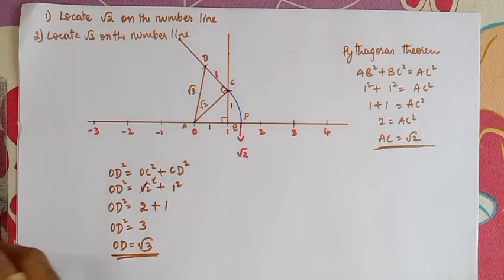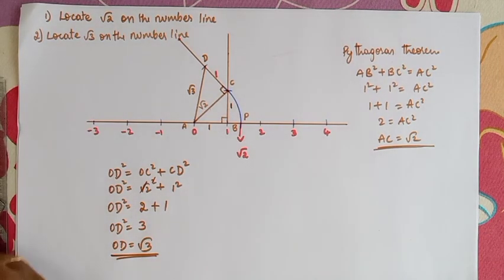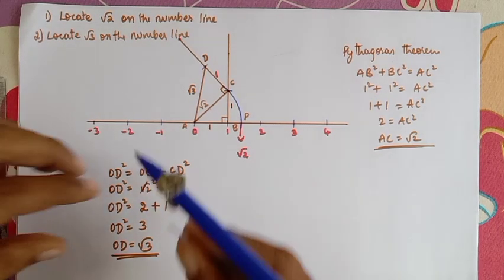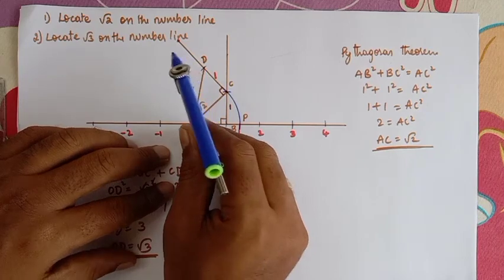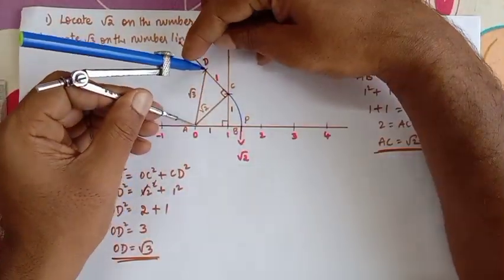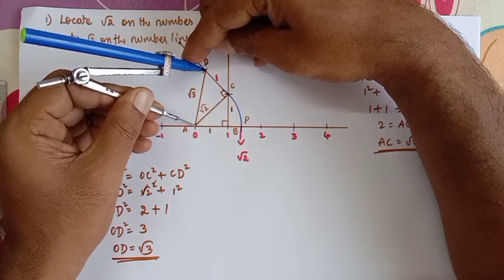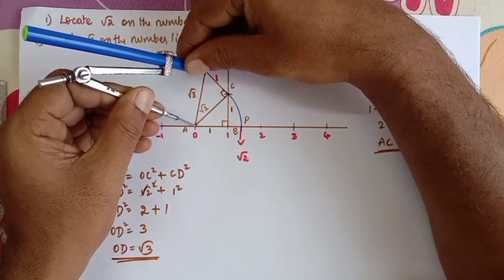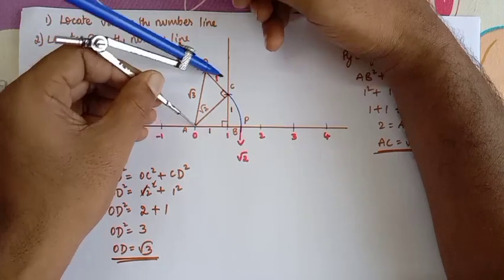So what we have to do is locate it. We have not yet located root 3 on the number line. We will locate this on the number line by adjusting our compass to OD.